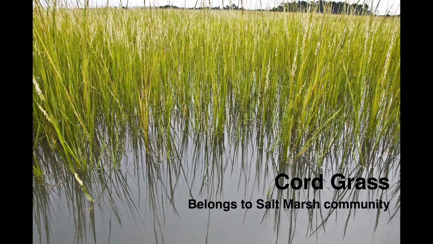Cordgrass, being a marsh grass, really does best when there is a superabundance of moisture at the soil surface. Especially if the soil is submerged under several inches of water, or even a foot or more of water, they can do fine.